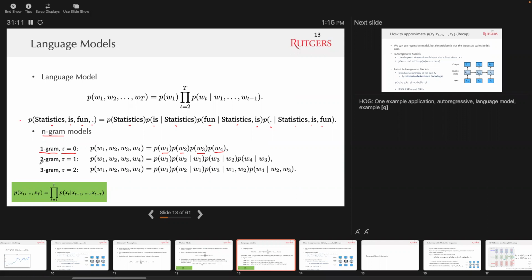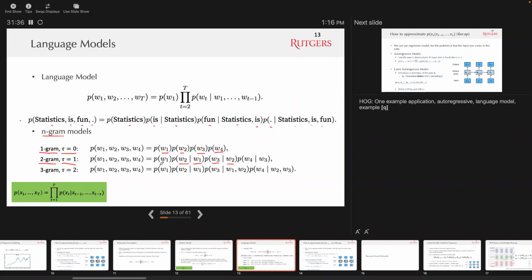And a slightly more complicated model is the 2-gram model, which is equivalent to the first order Markov model. When you're computing the probability of a word, it's going to be conditioned on 1 previous word. For example, the second word is conditioned on the first word, the third word is conditioned on the second word, and so on and so forth.